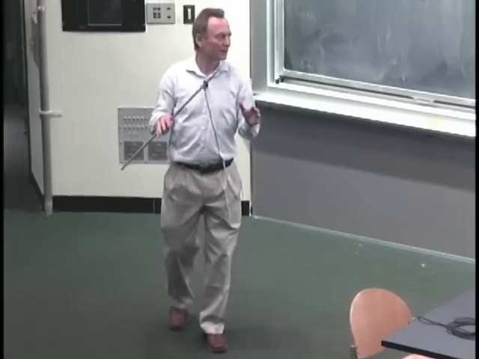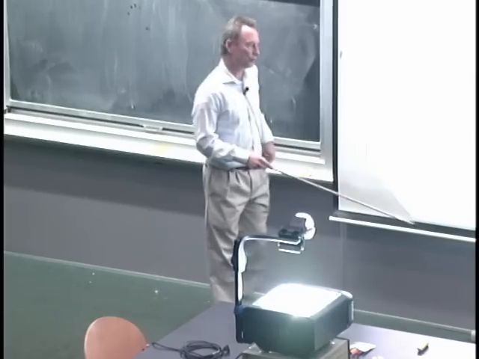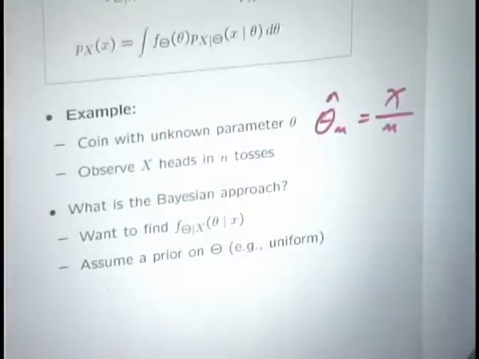So I believe it's approximately 1/2, but not quite. So depending on your beliefs, you would choose an appropriate prior for the distribution of theta, and then you would use the Bayes rule to find the probabilities of different values of theta based on the data that you have observed.